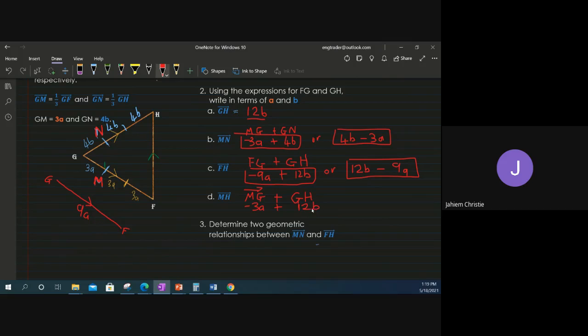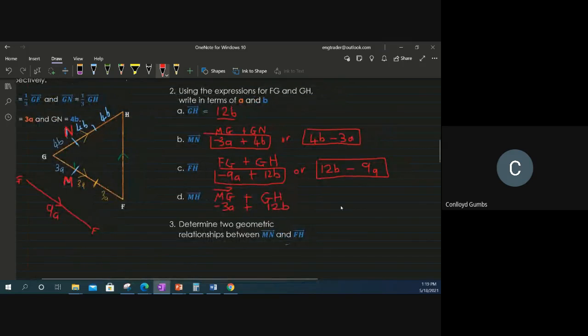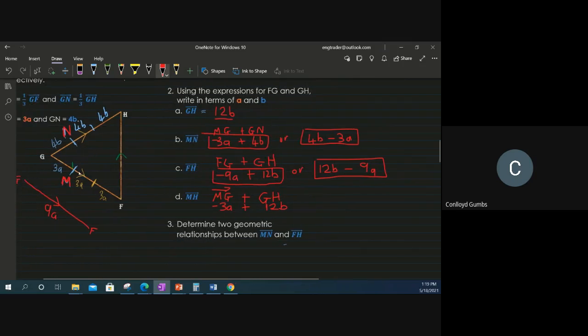But teacher, you only have to look at it in one direction. You could go like M to F then to H. Yeah, you could do that if you want. You would get the same answer. You just do what's more comfortable and shorter to you. You never did vectors before, right? So when you're doing vectors, you could go either way.